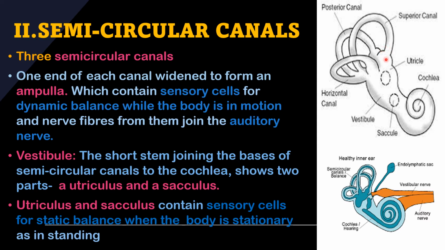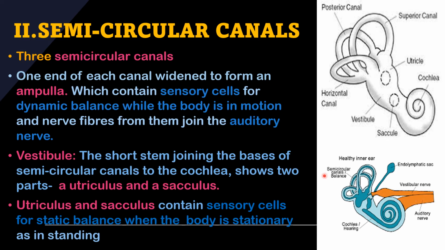The nerve fibers arise from this ampulla because sensory cells are there. The nerve fibers arising from them join the auditory nerve. Here you can see the nerve fibers arising from the ampulla that join the auditory nerve.